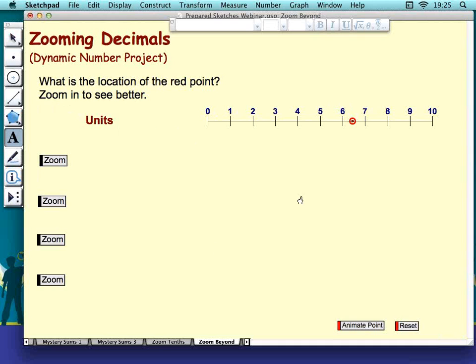So the student might make an estimate to say, well, I think this number is, let's say, 6.2 as my first estimate. Or sometimes you might have a student say, well, I think this is 6.251.